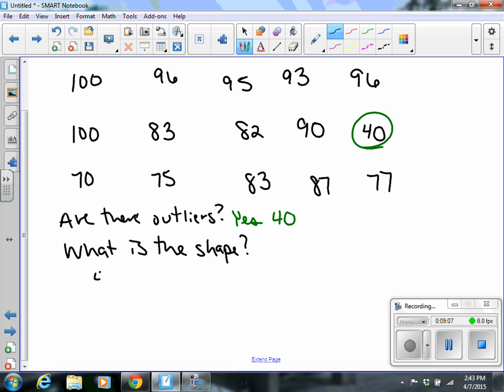So besides the 40, I'm at 70s, 80s, 90s, and 100s. So we've got 1 in the 40s, 3 in the 70s, 4 in the 80s, 5 in the 90s, and 2 in the 100s.